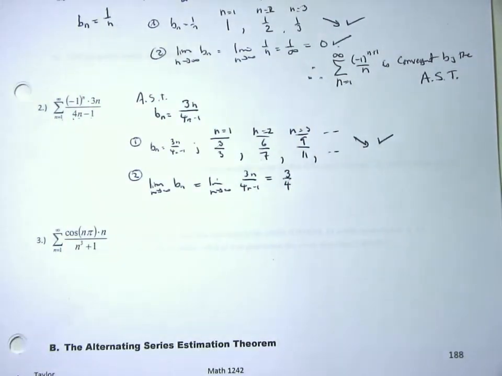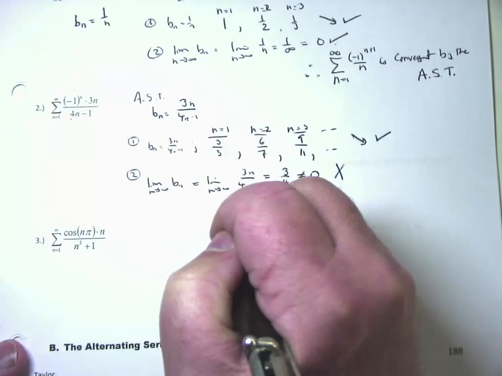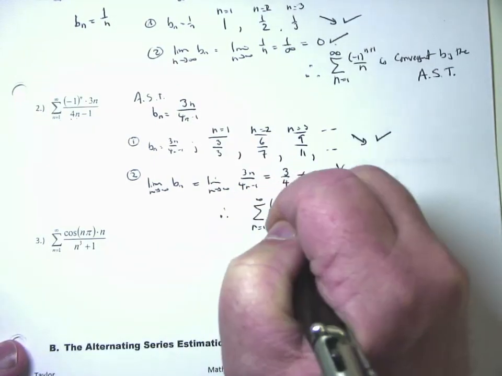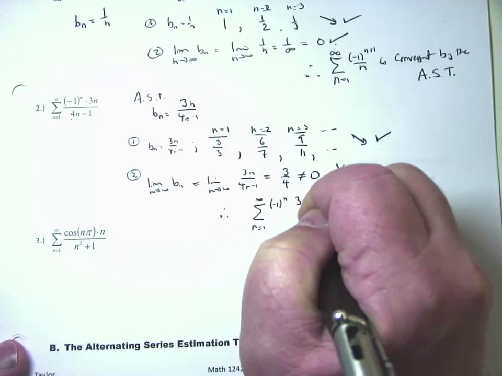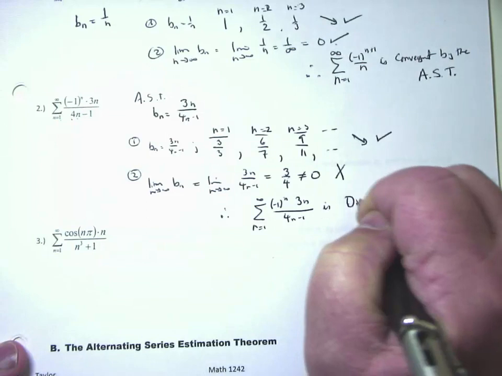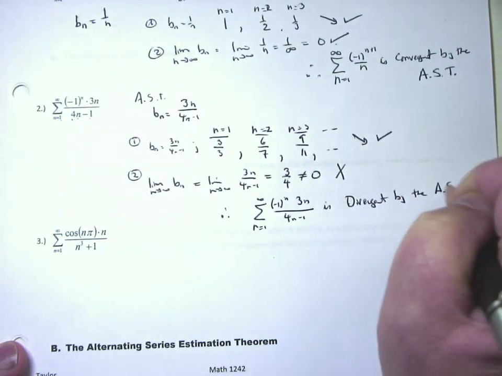And that's a problem, because according to the alternating series test, if this is going to converge, the limit has to be 0. This is not equal to 0. So this part failed. Therefore, the series, the sum as n goes from 1 to infinity of (-1)^n times 3n divided by 4n minus 1, is divergent by the alternating series test.